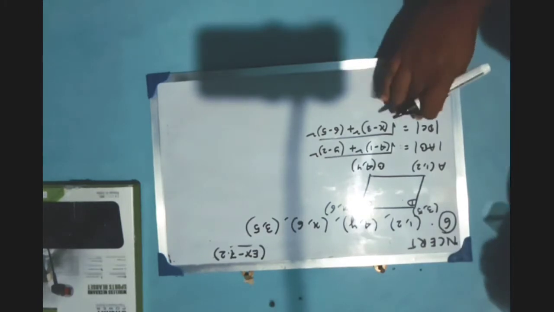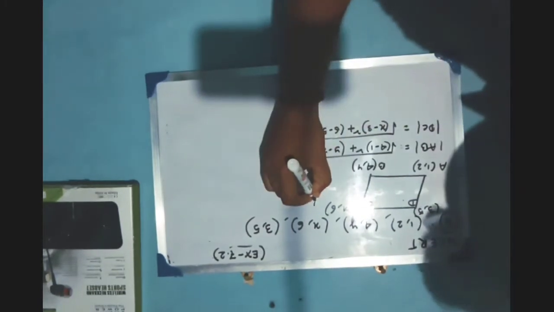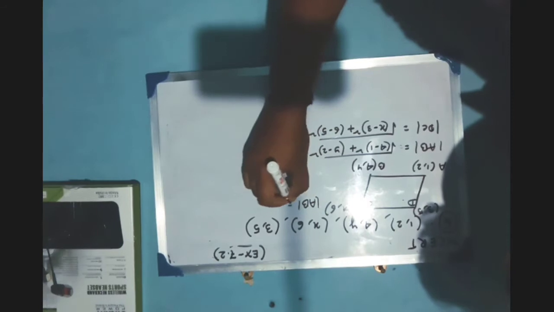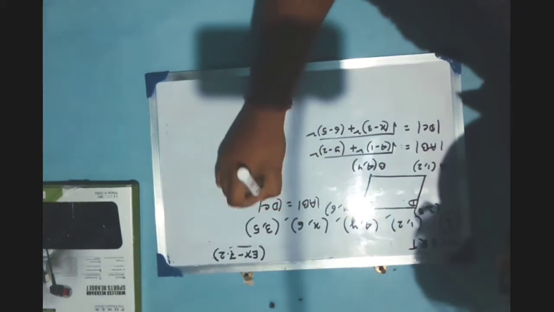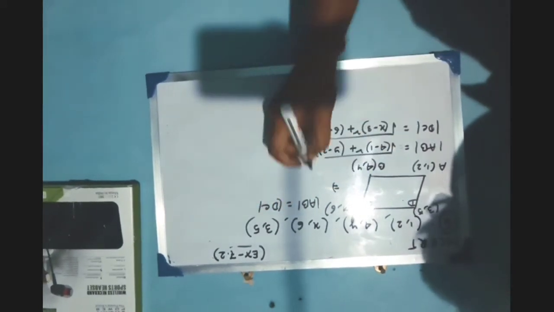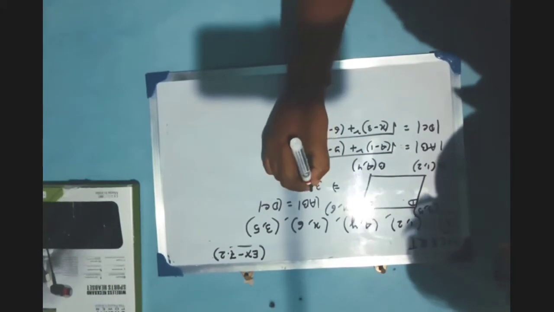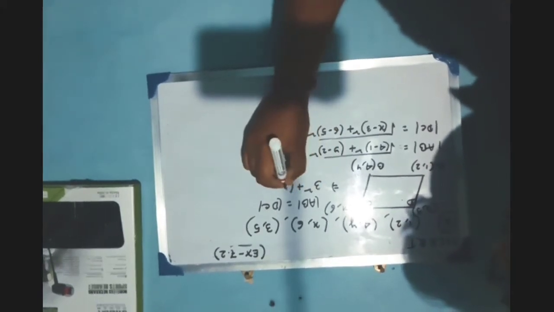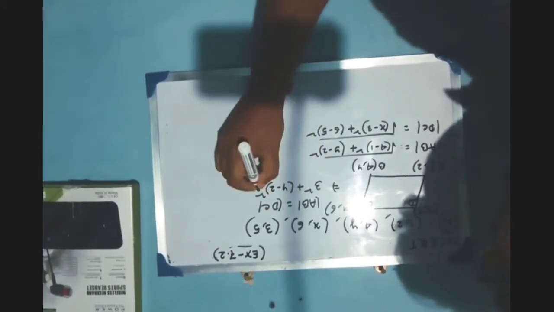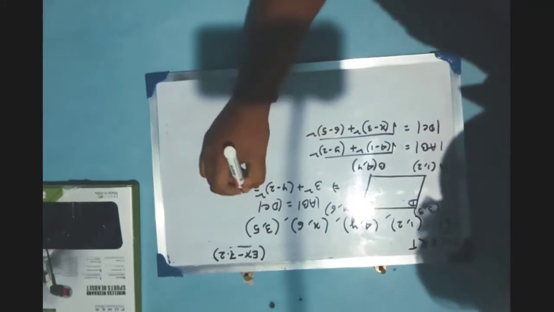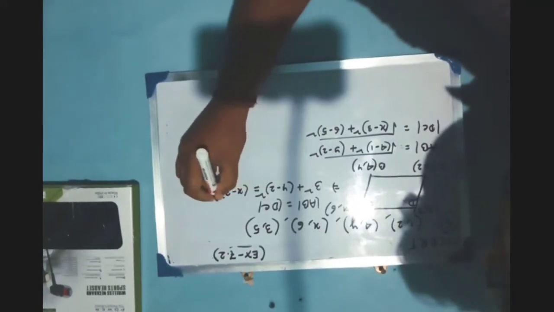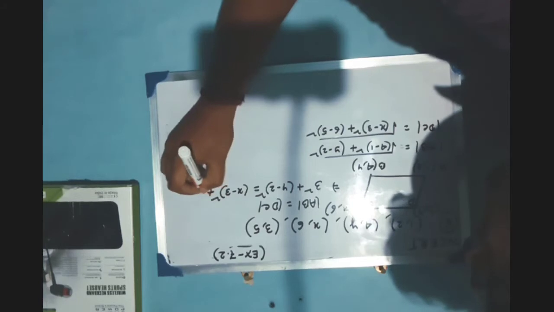Now obviously AB is equal to DC. That means 3 square plus (y minus 2) whole square equals (x minus 3) whole square plus 1 square.